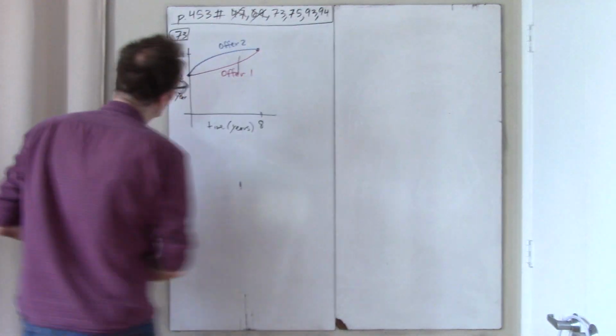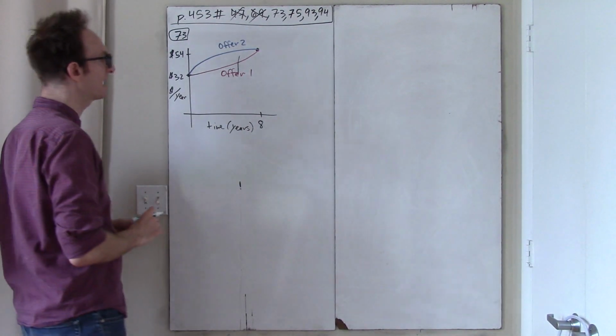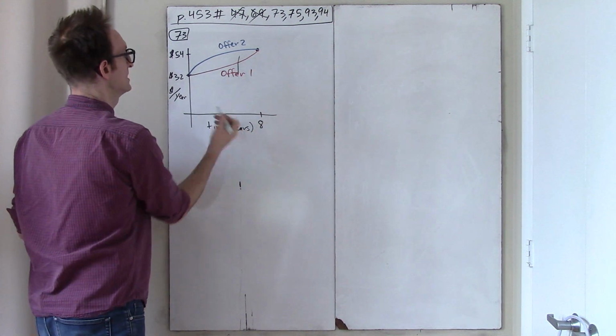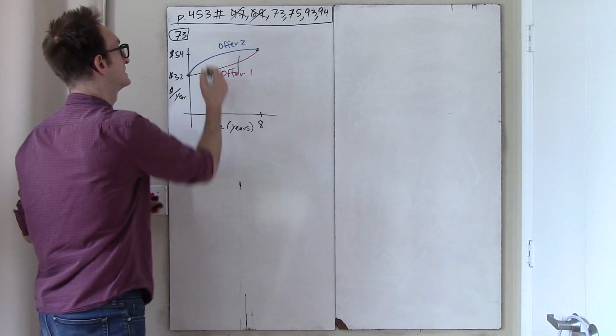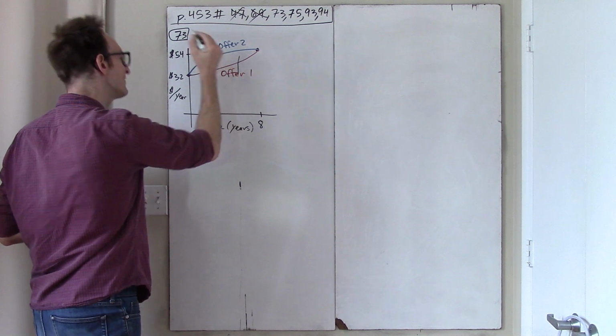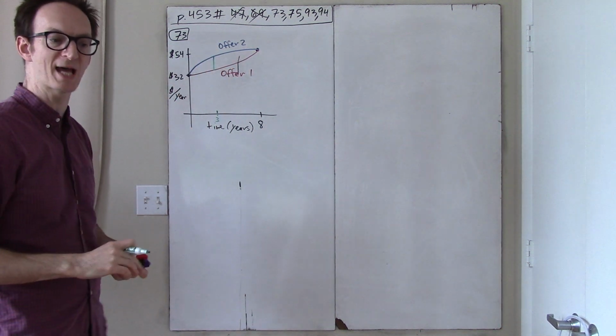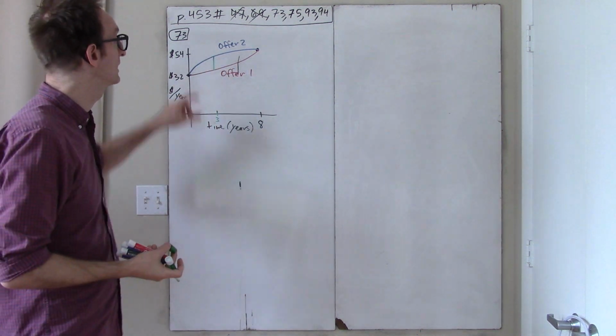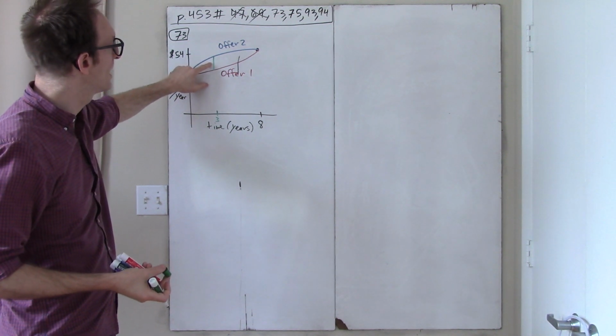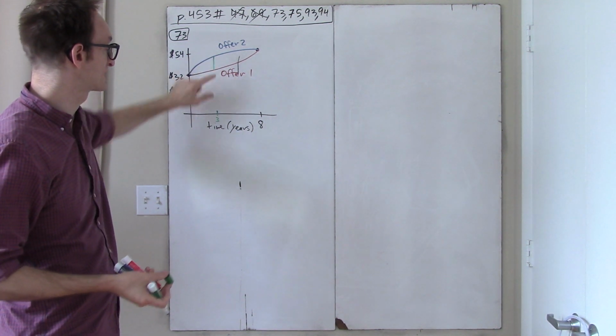And the whole reason we're talking about this problem right now is that in any given year, say year 3, the difference in the y values of these two functions represents how much more you are making that year in offer 2 versus offer 1.